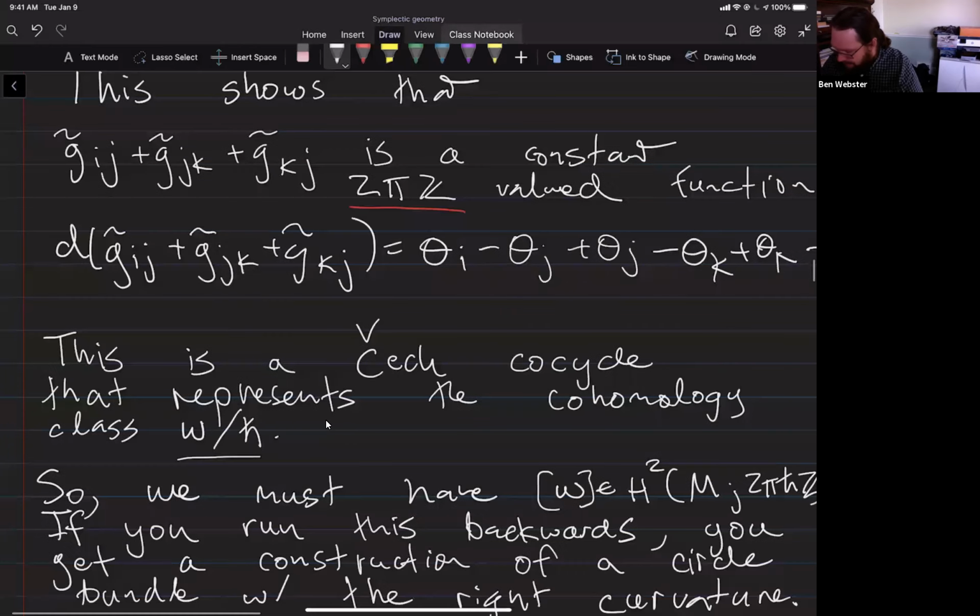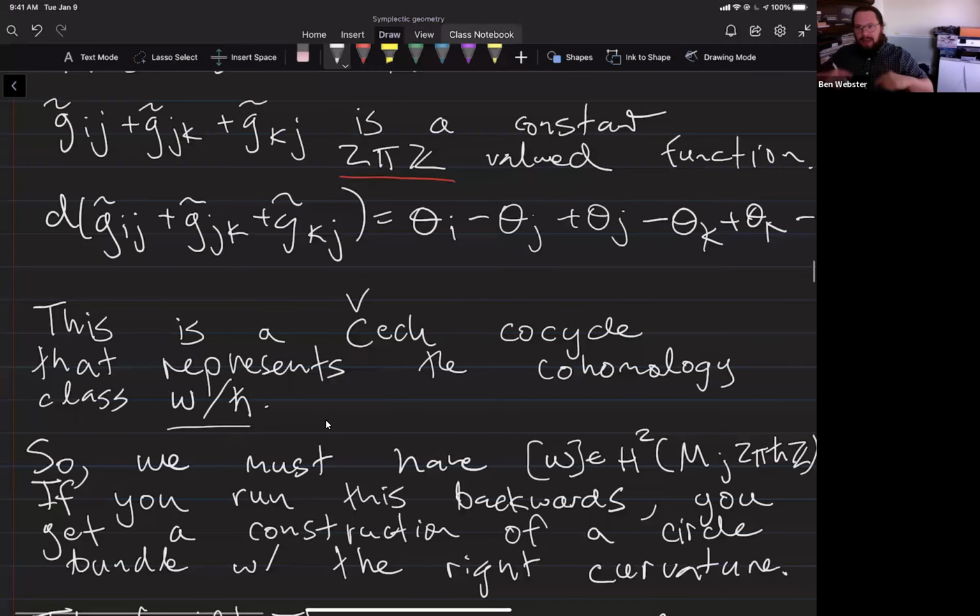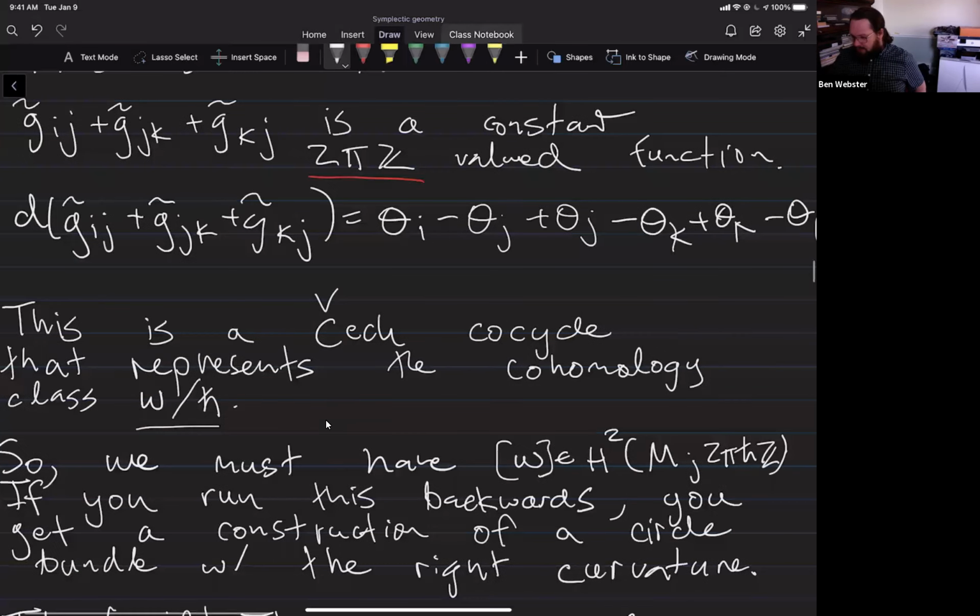So what this is telling me is that if my symplectic form is going to be curvature, then it has to satisfy an integrality property, which just doesn't make sense in terms of de Rham cohomology, right?